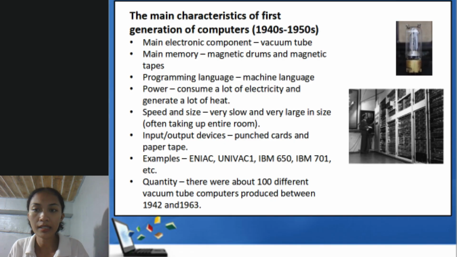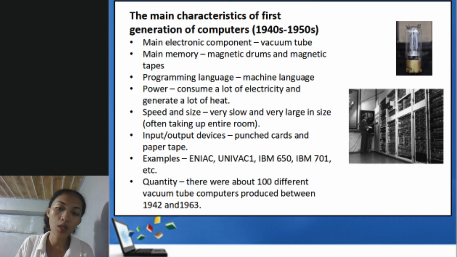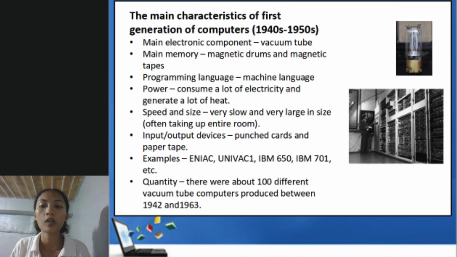Speed and size: very slow and very large, often taking up an entire room, which is also a disadvantage. Input and output devices: punch cards and paper tape. Examples: ENIAC, UNIVAC 1, IBM 650, IBM 701, and a lot more. The quantity: there were about 100 different vacuum tube computers produced between 1942 and 1963.